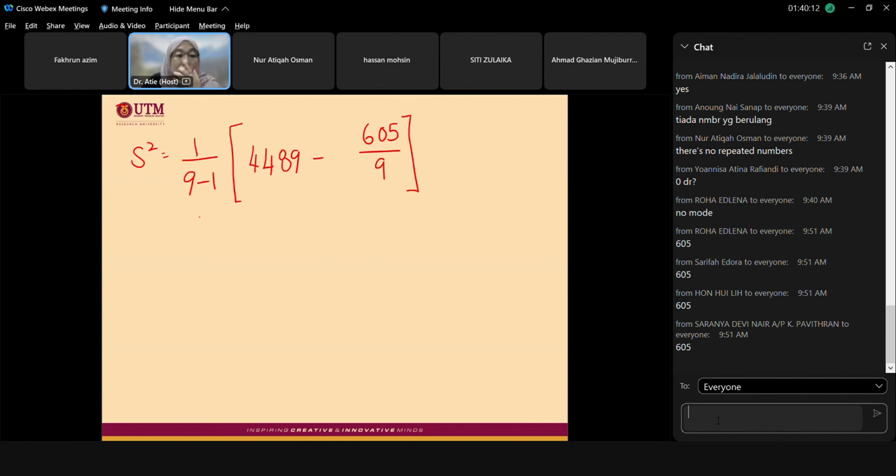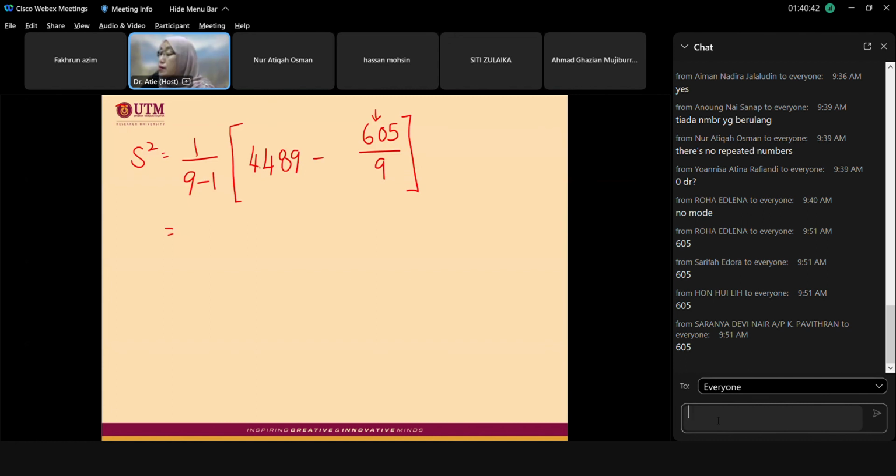If you are good enough at using a calculator, you can calculate this in one shot. But for those who are not really familiar, you can calculate one by one. The first thing, you calculate this one first, and once you get the answer, deduct it from 4489, and then you divide by 8.